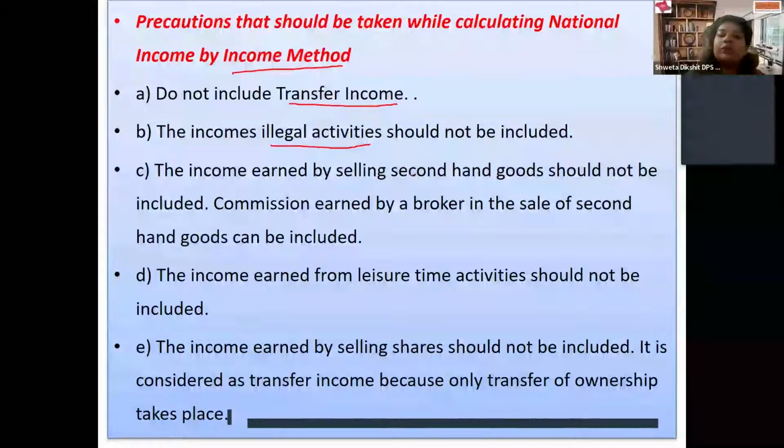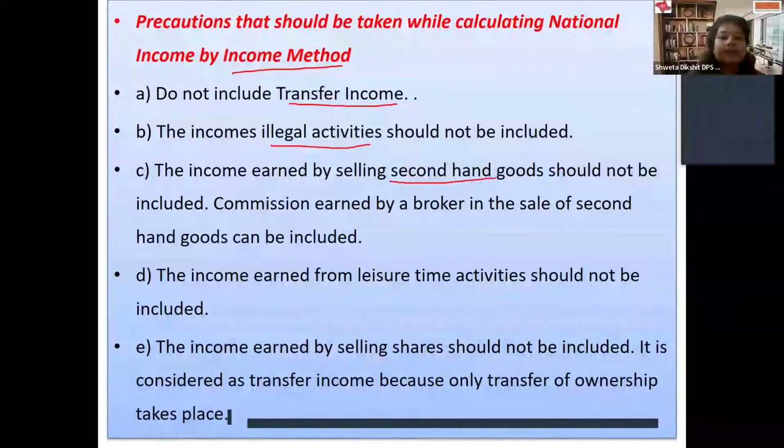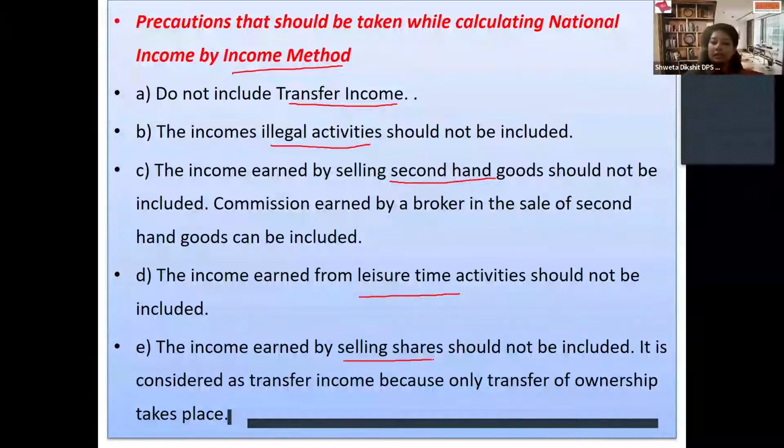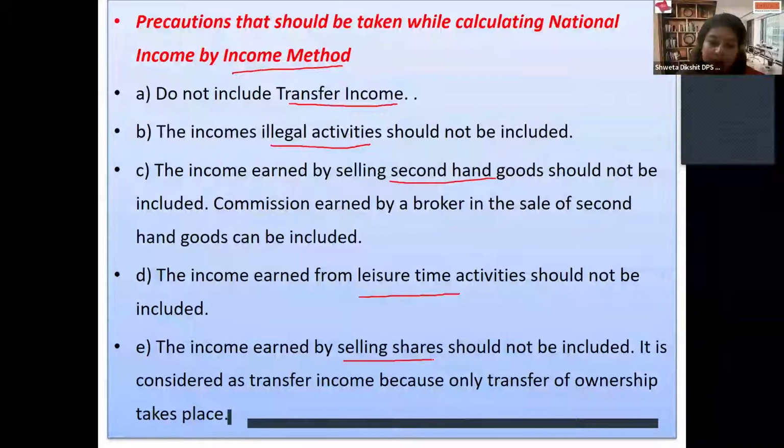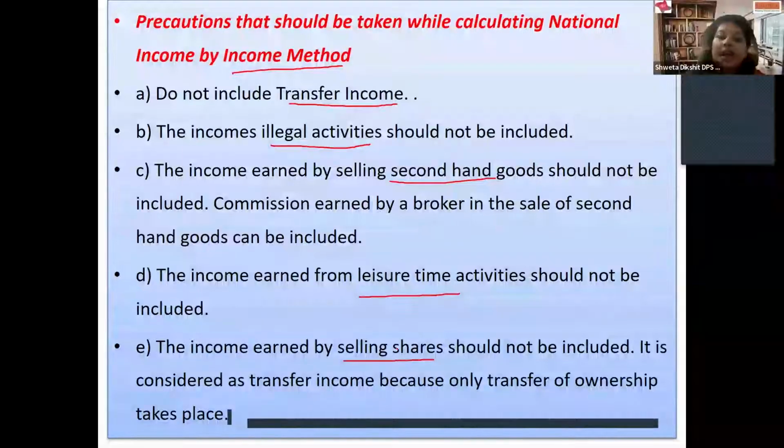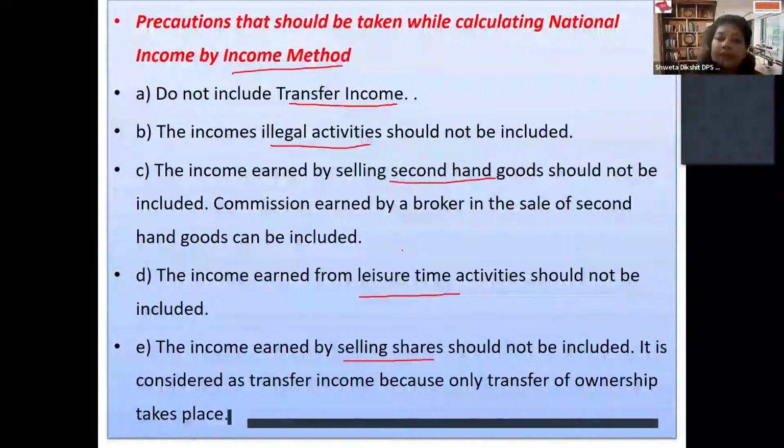It is also not going to talk about second-hand goods sale and purchases, leisure time activities, money earned by leisure time activities. It also does not talk about income earned by selling shares, dividends, and equities. Here, except the last point, all the other points have been repeated.